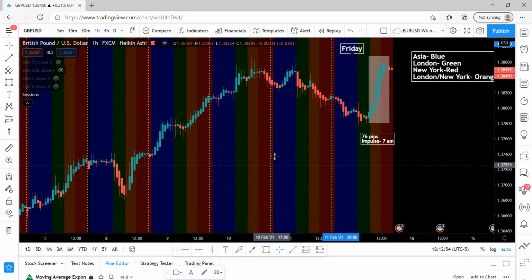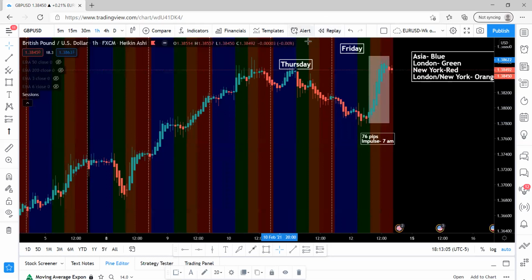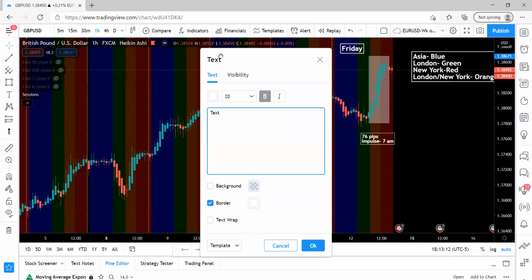Some people only trade on Tuesdays, Wednesdays, and Thursdays because that is when most pairs are most volatile. Some only trade on Mondays and Tuesdays, whatever the case is. This helps you to determine what days may be best for you based on the pair that you're trading.